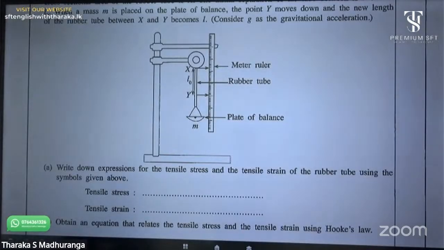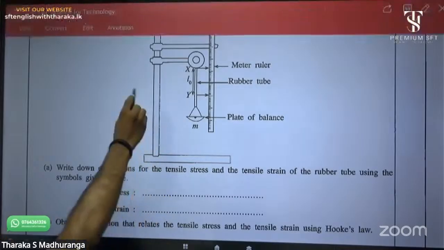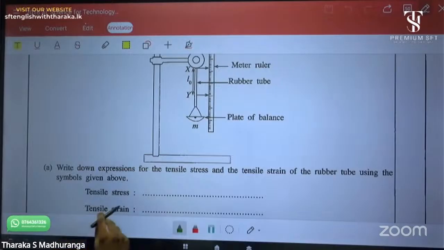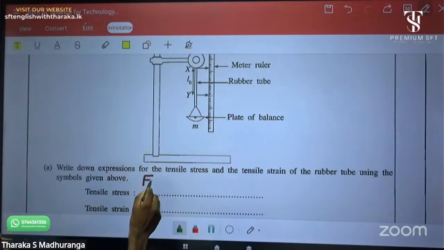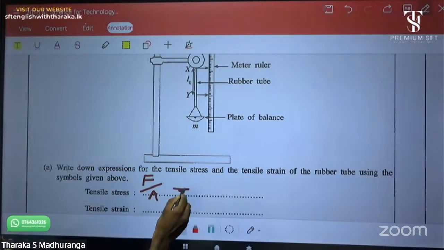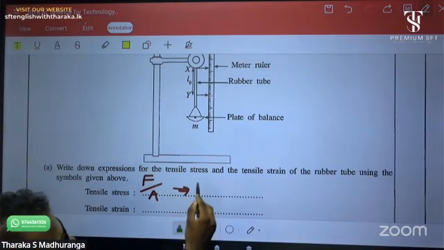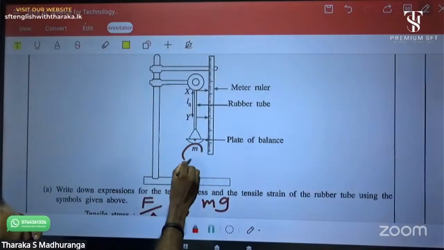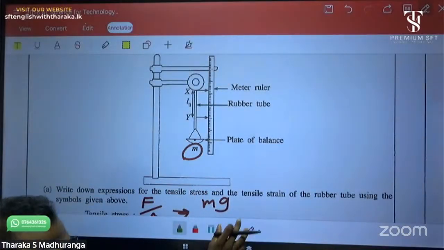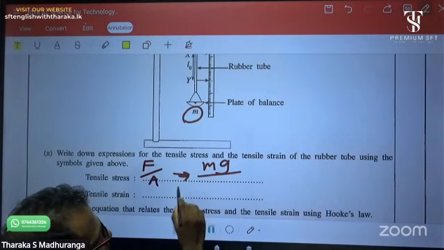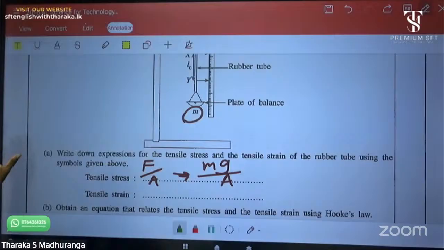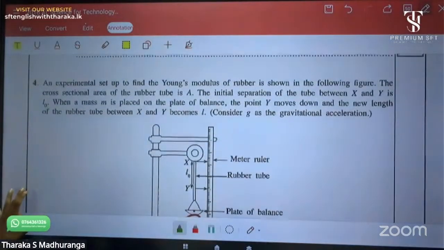The basic equation of tensile stress is F over A. But according to the given symbols, F means mg, the mass m times gravitational acceleration, divided by cross section area A. Cross section area A is given in the question, right?